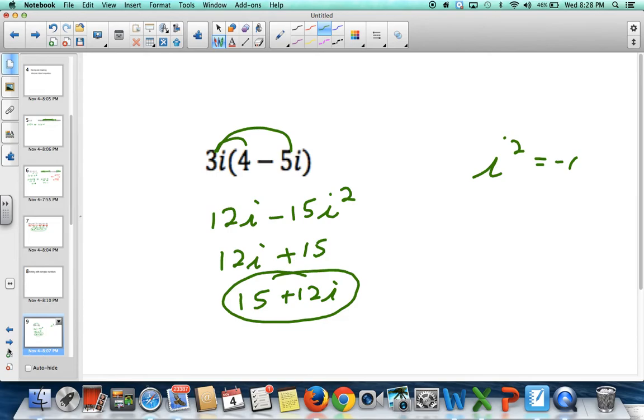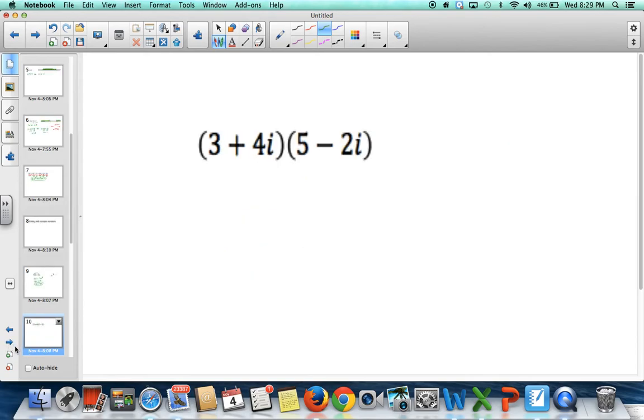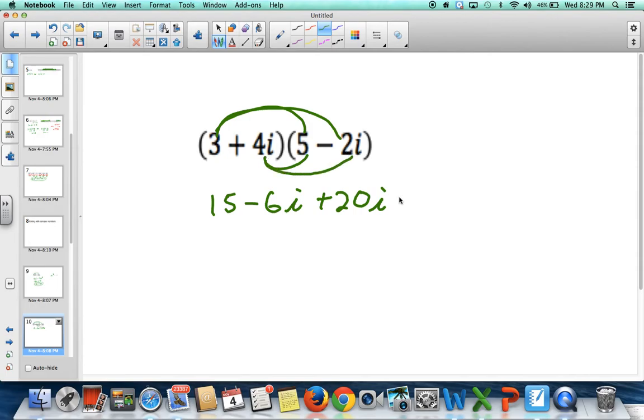Okay. Next problem, we're going to just do our old-fashioned FOIL. I'm going to do it this method. 5 times 3, 3 times 5 is 15. 3 times negative 2i is negative 6i. 4i times 5, that's plus 20i. And 4i times negative 2i is negative 8i squared.